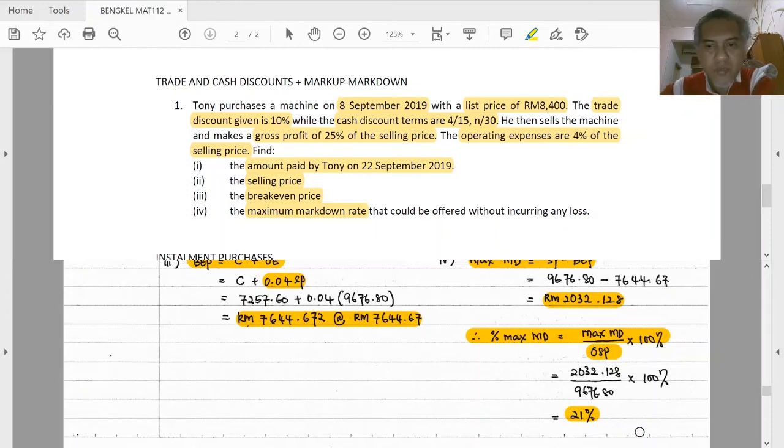So you found that the maximum markdown will be equal to 21%. That solves our problem for the question that combines both the trade and cash discount with the mathematics of retailing. Hopefully you get some ideas on how to solve this kind of problem. Until we meet again in another video, thank you.